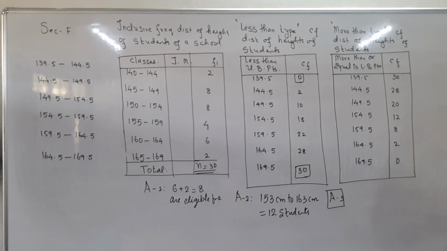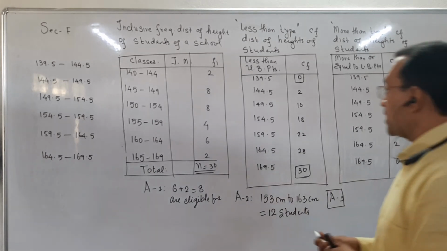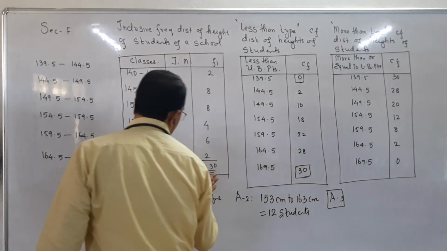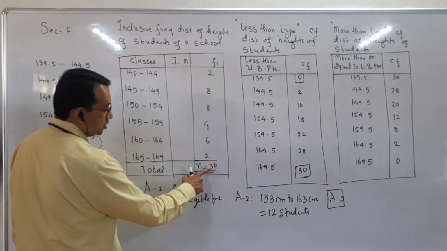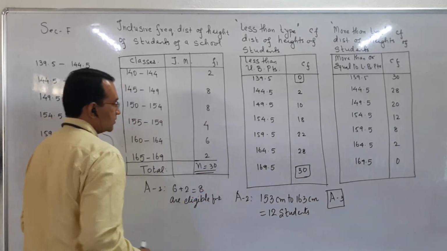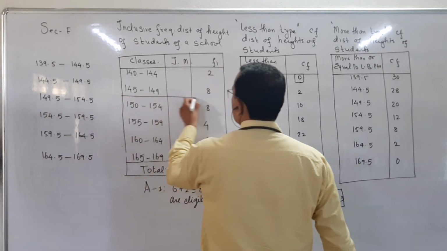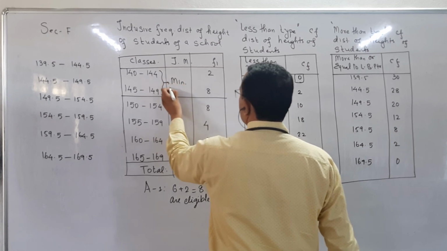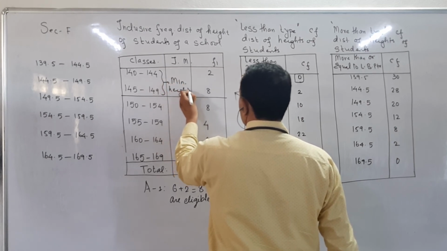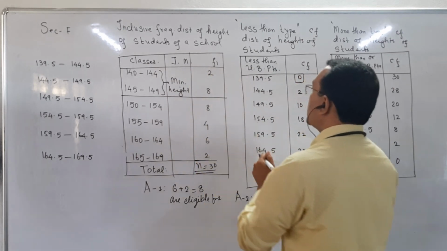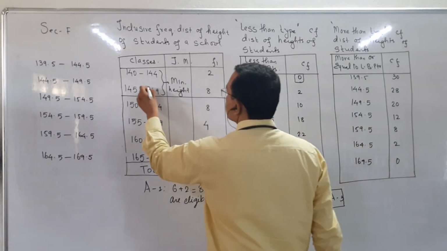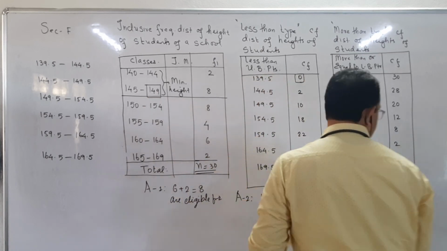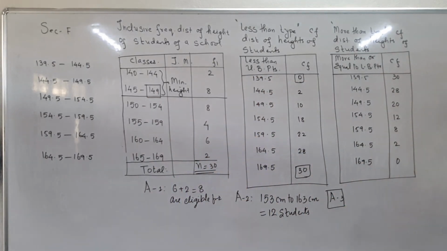The last question: the maximum height of 1/3 of the students having minimum height. Now pay attention. 1/3 of the total 30 students is 10. This first two classes only will bear minimum height. In these 10 students who are having minimum height, what is the maximum height? 149 centimeters.